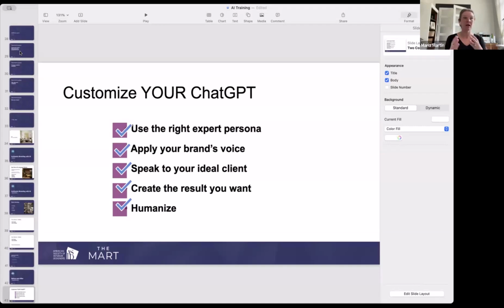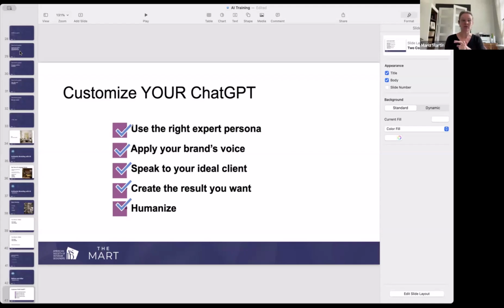You want an expert. So when you interact with ChatGPT, you want to engage its expert persona, and you want to say, I want a high level marketing person to help me rewrite this or analyze this. I would like to have a PR person write a response to this.